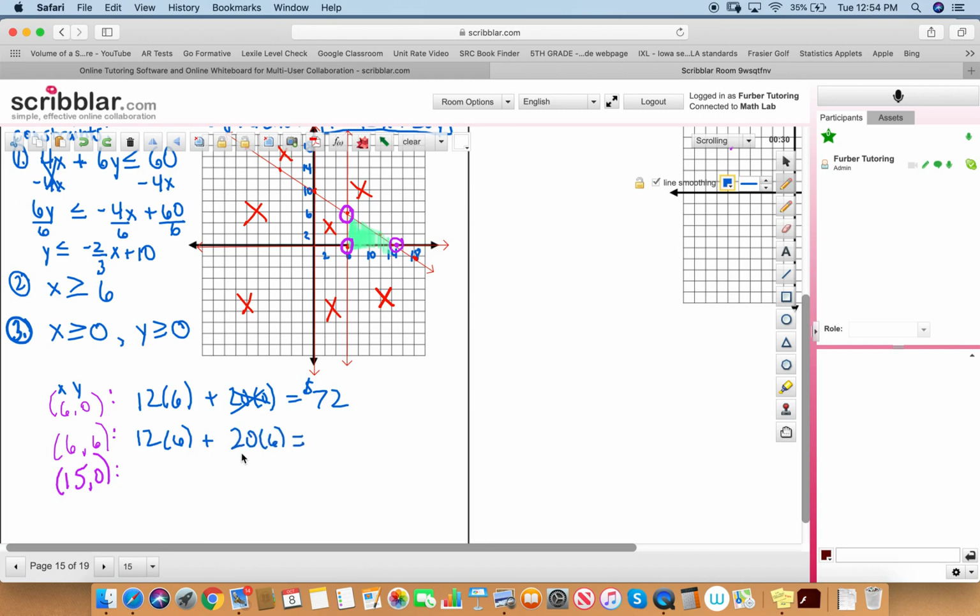This is going to be 72, and this one is going to be 20 times 6, which is 120. 120 and 72 is $192.